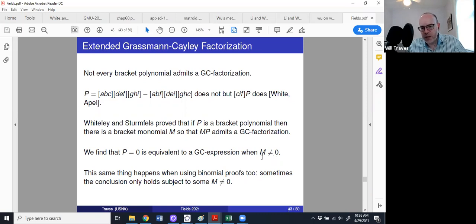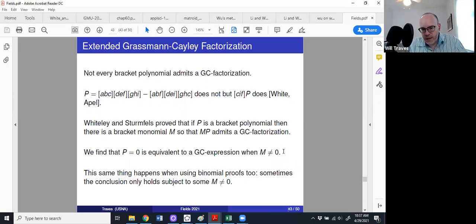And that side condition is particularly simple because it's just saying a bunch of brackets themselves aren't allowed to vanish, and they would only vanish in a degeneracy situation where kind of 4 points lay on a plane in 3 space, that kind of thing.